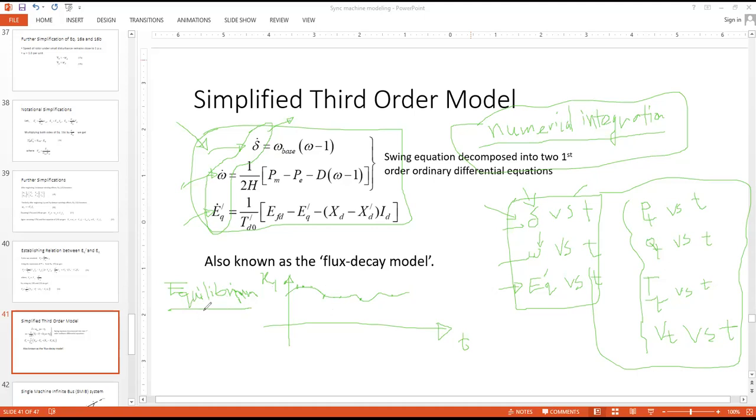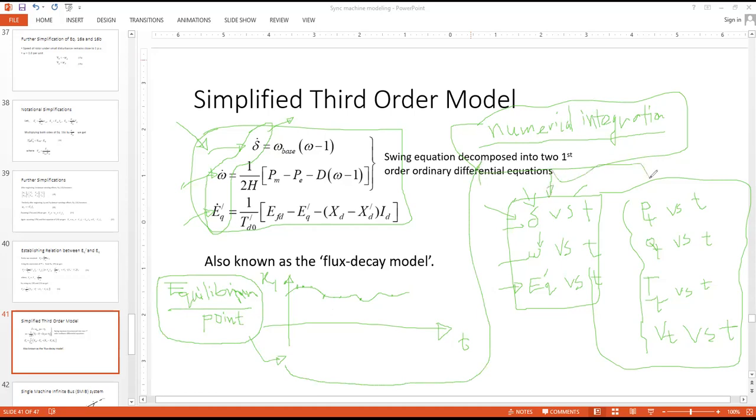So first of all, we are looking for the initial condition, and by that we mean we are looking for that equilibrium point. That is our first target today. So let's start with the equilibrium point. Once we are done with the equilibrium point calculation, we'll be able to apply the numerical integration technique, and that will help us calculate all these things.